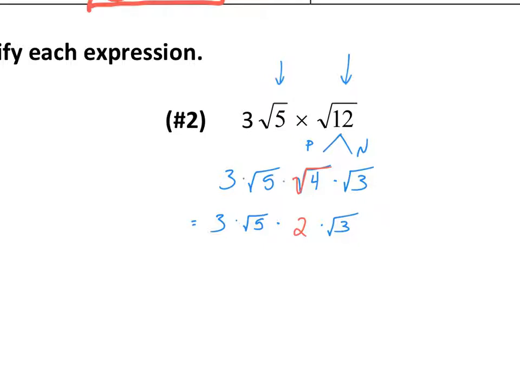Okay, now this actually looks more confusing, but we can combine some things. What is 3 times 2? 6. Now what is 5 times 3? That would be 15. So this would end up being 6 times the square root of 15.